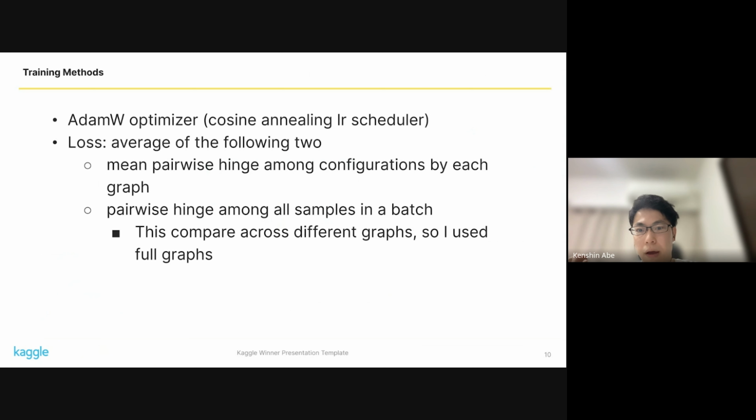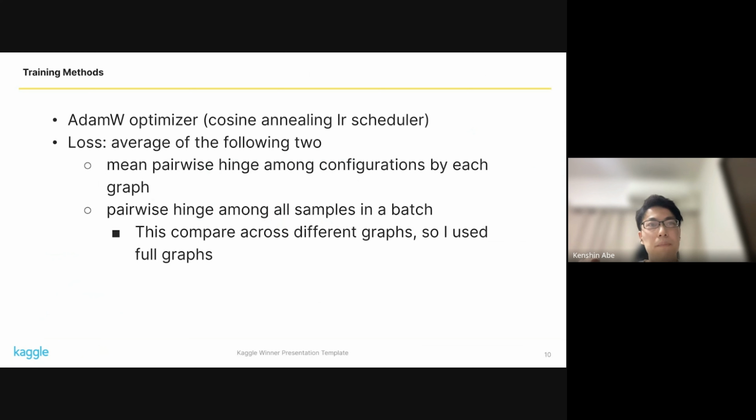And the second one was the pairwise hinge loss among all samples in a batch. So here we compare different graphs, which was actually not a main target of this competition, because the scoring metrics only compare the configurations in the same graph.